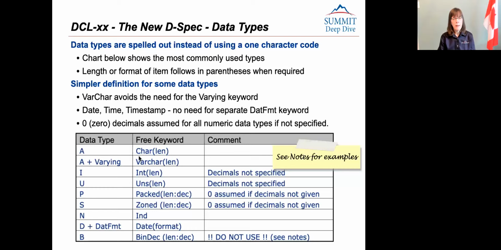So you can see the data types listed in this chart and the Freeform keyword that we would use instead. And in some cases, some comments, including my little do not use comment there. If you want to know more about that, you'll have to get the handout and read that.